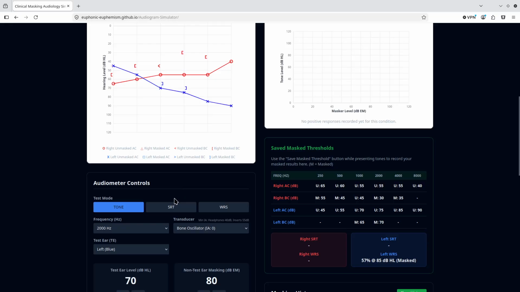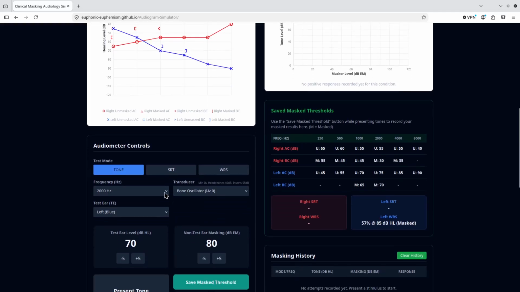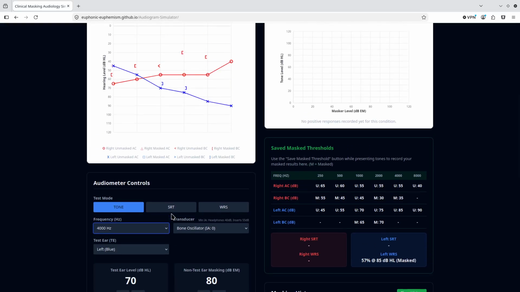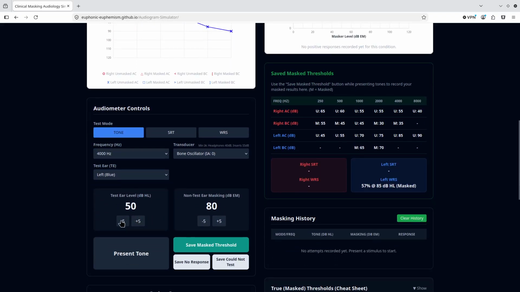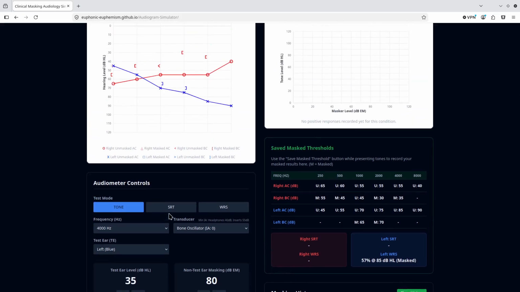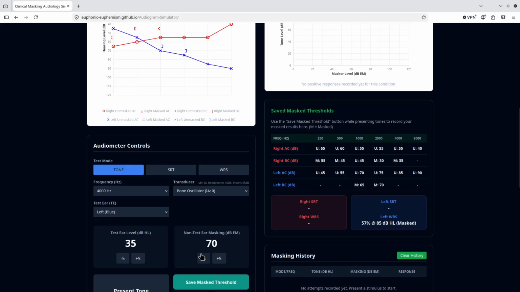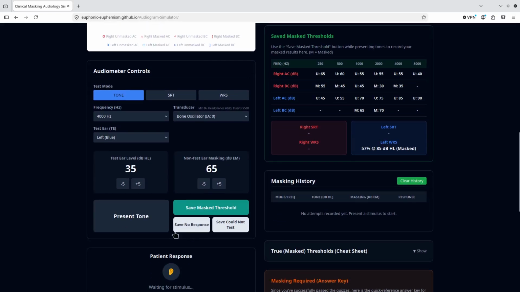Now we need to do 4,000 in that left ear. So 4,000, our unmasked bone conduction was at 35. In our masker, we need to start at 65 because it's 10 above air conduction threshold, no occlusion effect.